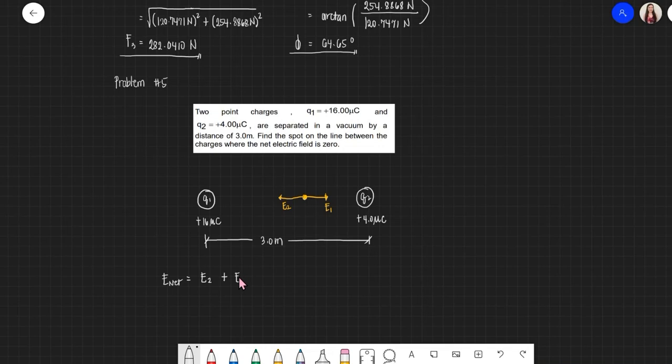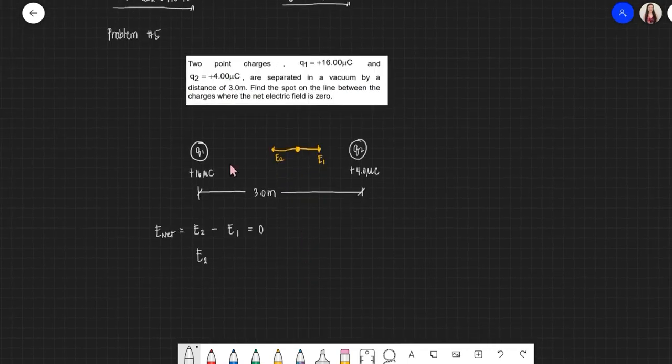And so the net electric field is 0, meaning the E from Q2 minus the E from Q1 is equal to 0. So the electric field experienced at that point from both Q2 and Q1 are equal.